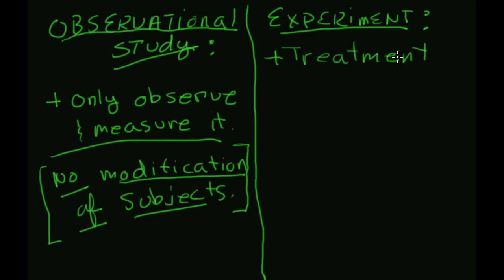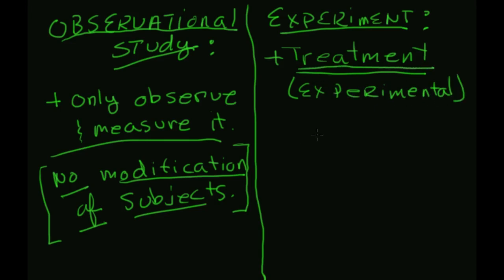Now, in an experiment, there's a treatment. And you usually apply the treatment to one group of the subjects. So those are what we tend to call an experimental group. Oftentimes there is a control group.